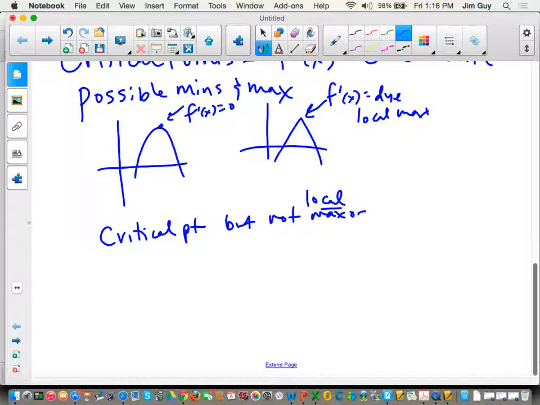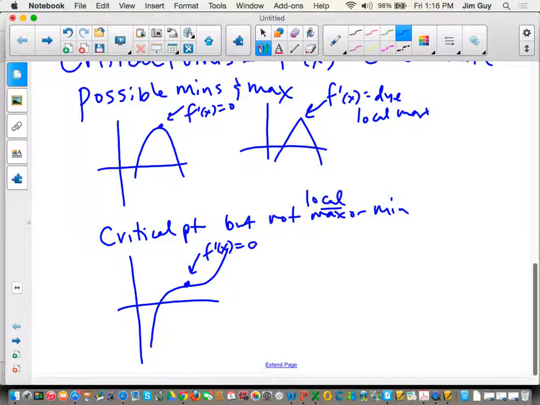If you want the absolute, they will say the absolute. Otherwise, if they say find the maxes and mins, they mean all the local ones. So this could happen. You could have a graph that comes up and it plateaus and then it goes again. So right here you have f prime of x is equal to 0. That's a critical point, but that's not a max or min. And that can happen.